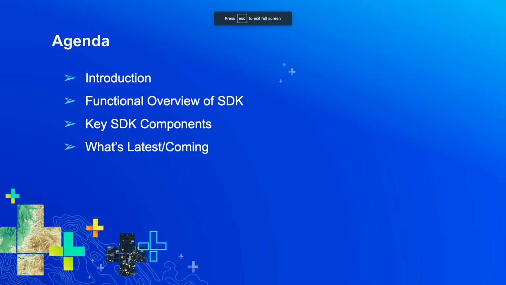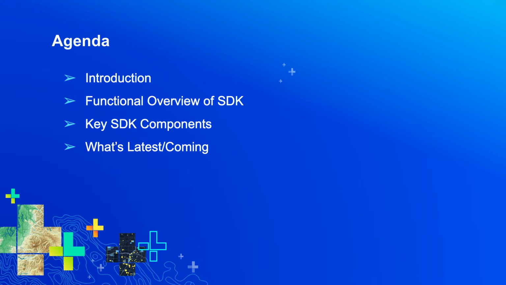Here is the agenda for today's session. We'll give an introduction with the SDK, how to get started and things like that. Then we'll give you a high-level, functional overview of the SDK, so that you understand how we design these classes and how we classify them. And then we are going to talk about some key SDK components.